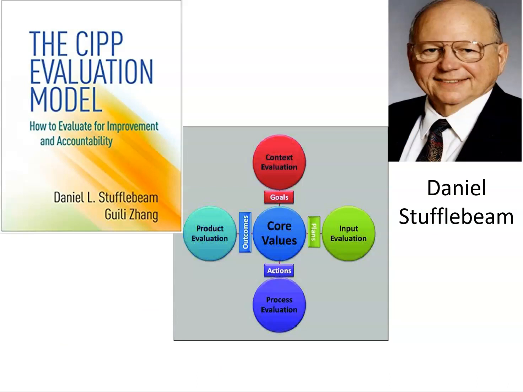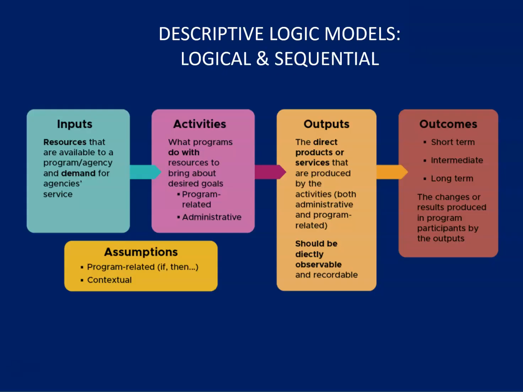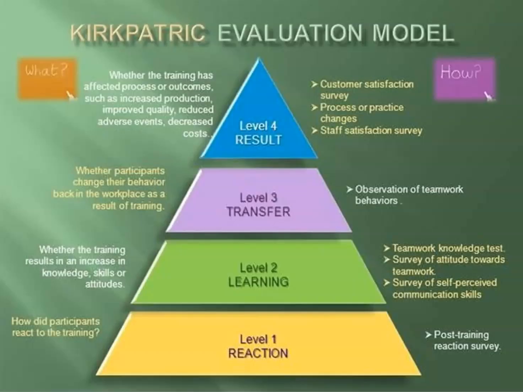The CIPP model specified that you look at certain things, the content, context, input, and product of an evaluation, and that these questions were not values-based. The logic models are done with an emphasis on logic and not values. They describe how to achieve an outcome, but don't explicitly highlight what the values are that are involved in that program and its aspirations.